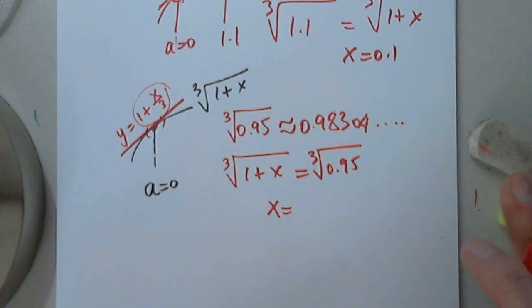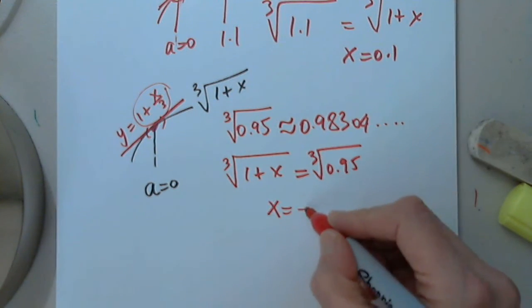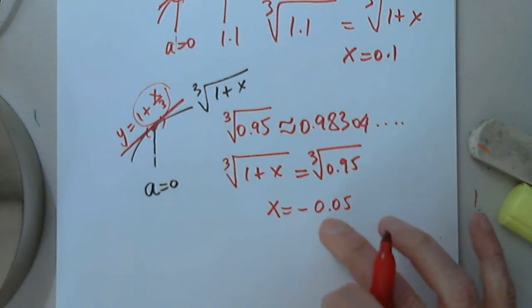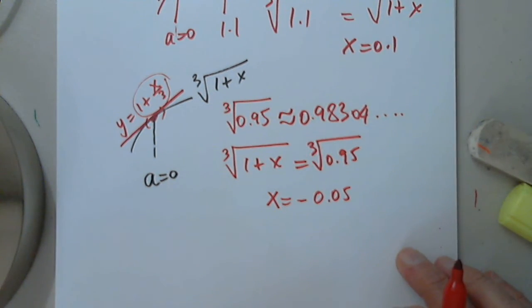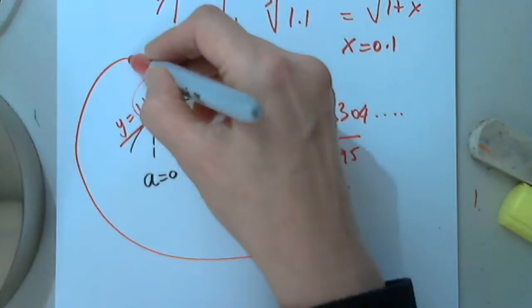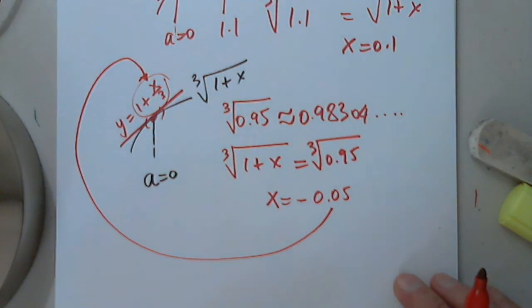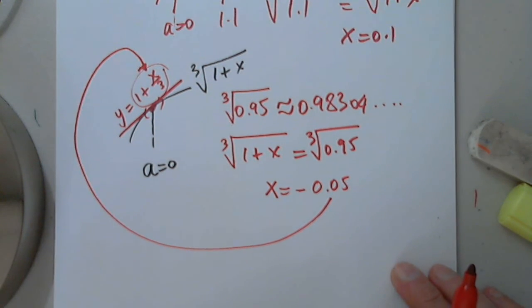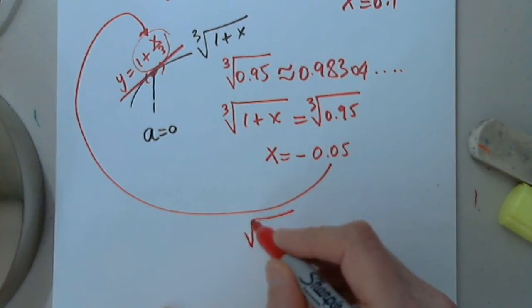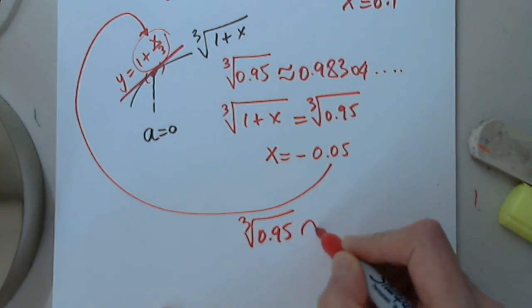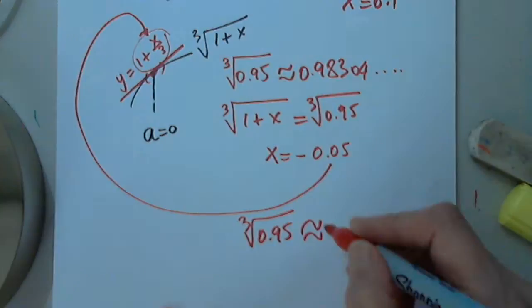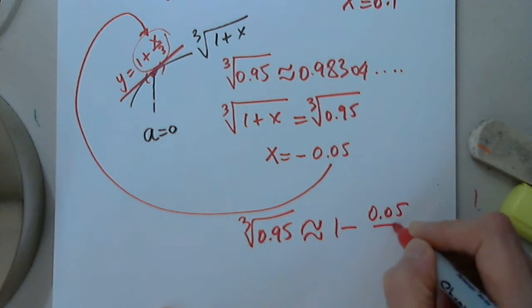They're not giving us x. But when I set these two equal to each other, I realize that x must be negative 0.05. So this is the x that is plugged in here. So the cube root of 0.95 is approximately 1 minus 0.05 over 3.